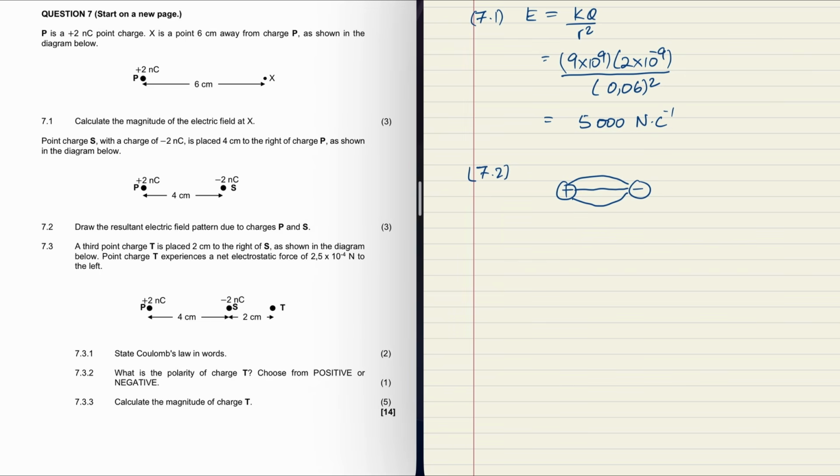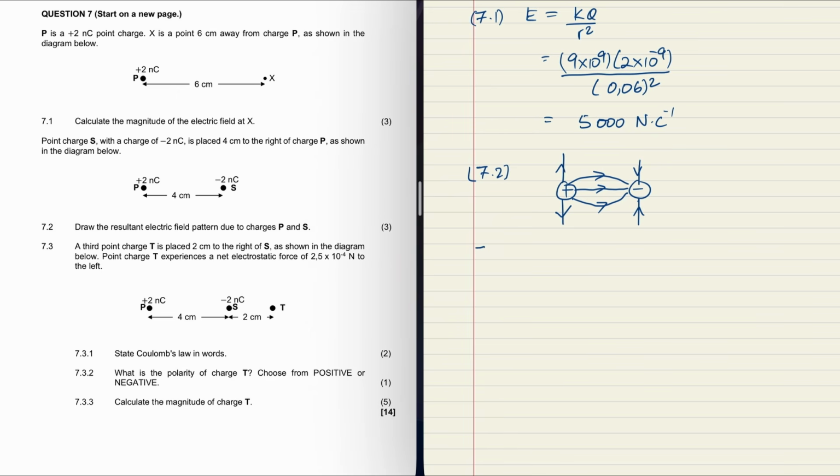Now remember, the field lines should not touch, so just be careful with that. And remember, the arrows go away from the positive and toward the negative. You can draw as many or as few as you like. However, just make sure that the number of lines on the positive and the negative are the same because they have the same magnitude of charge.